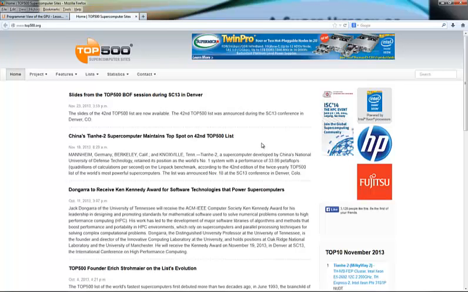What I would like you to do, which will be one of our assignments, is to go on the Top 500 website and take a look at the fastest supercomputers there.